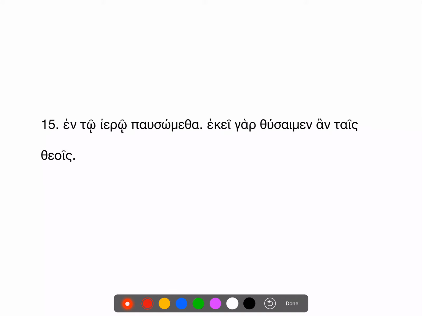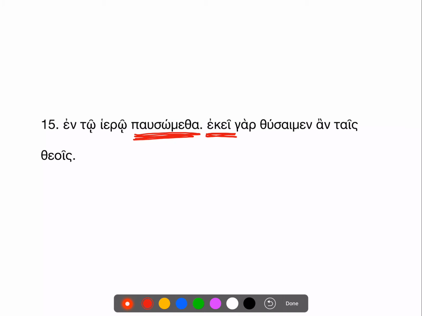15. En tois hieroi pausometha, ekei gar thusaimen tais theais. Ooh, here's that adverb that's related to ekeinos, so in that place. All right, so aorist subjunctive middle. Middle of pauo means to cease or to stop oneself.